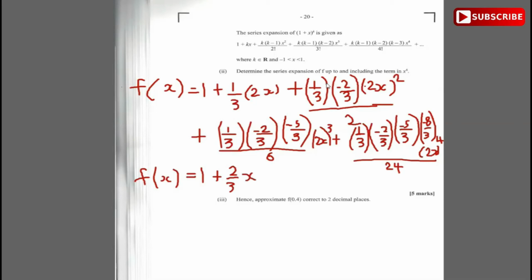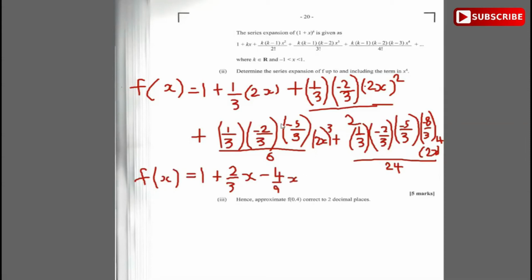Now we're going to have 1 over 3 times minus 2 over 3 times 2 squared divided by 2, that's minus 4 over 9. So this is minus 4 over 9 x squared.